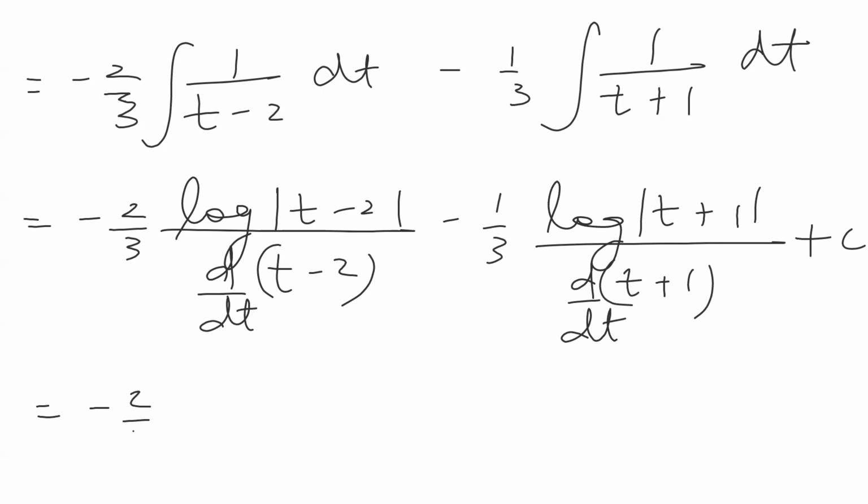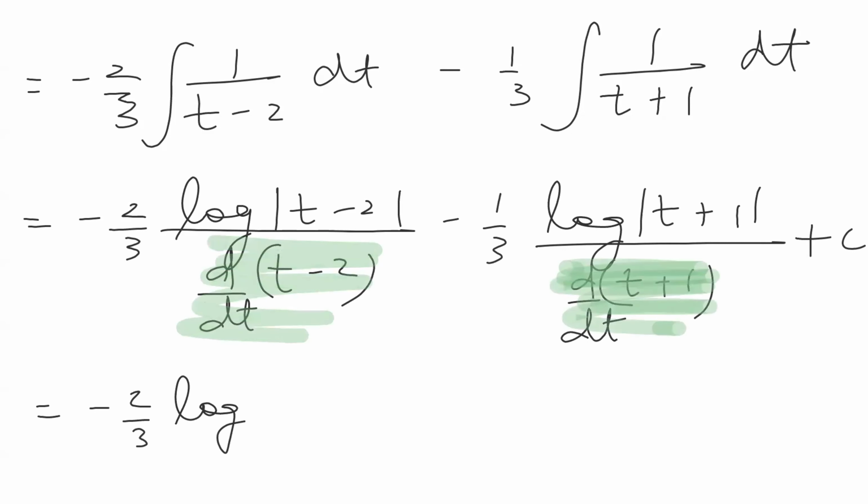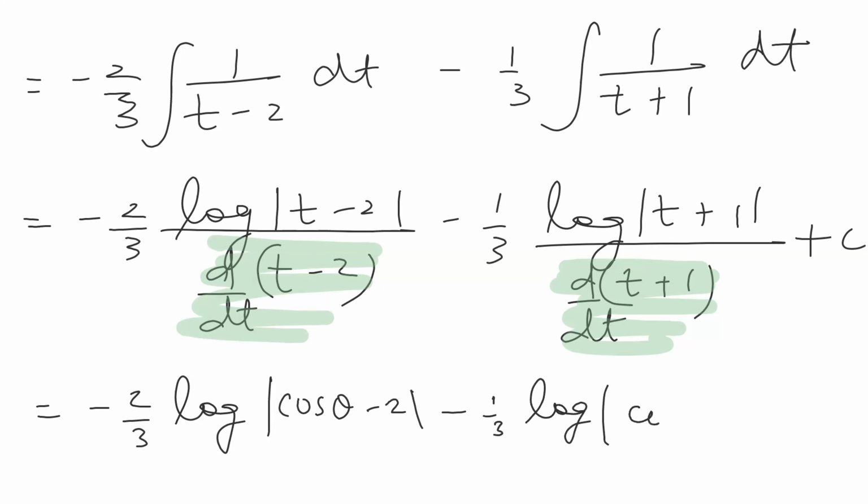So this is minus 2 by 3. See, both the derivatives are 1, so these two terms will be 1. But then what is the value of t? T is nothing but cos theta. So put the value of t as cos theta. Cos theta minus 2, minus 1 by 3 log mod cos theta plus 1, plus c.